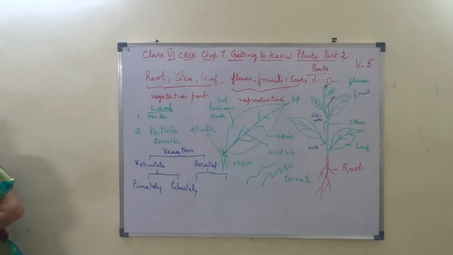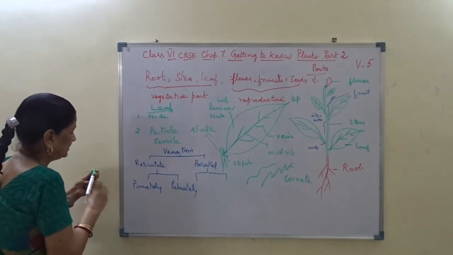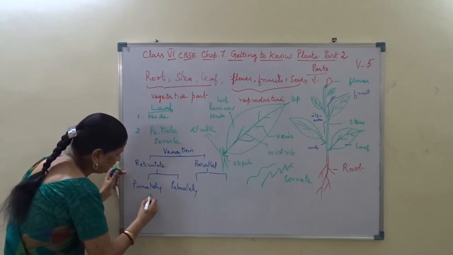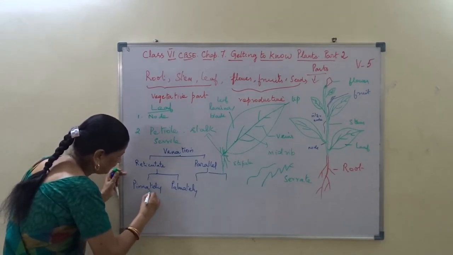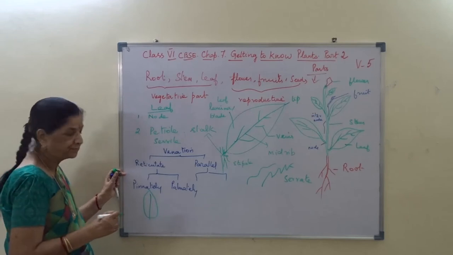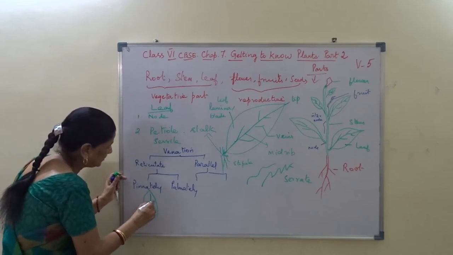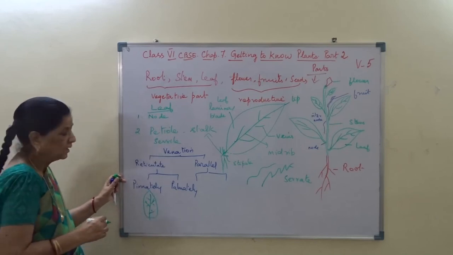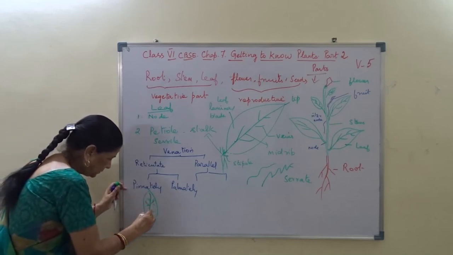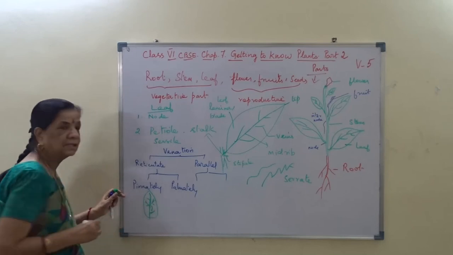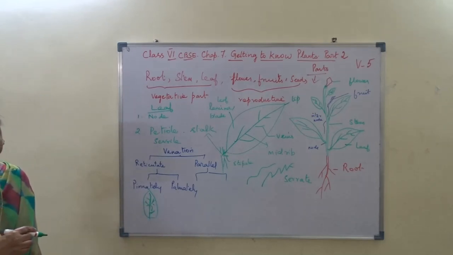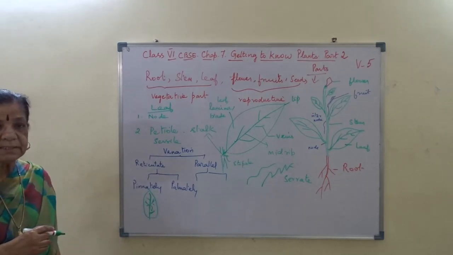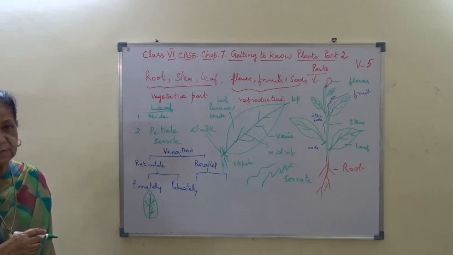Take a leaf with a midrib, and then lateral veins arising from it, with branches. There is a common midrib from which the lateral veins arise. That is pinnately reticulate venation.